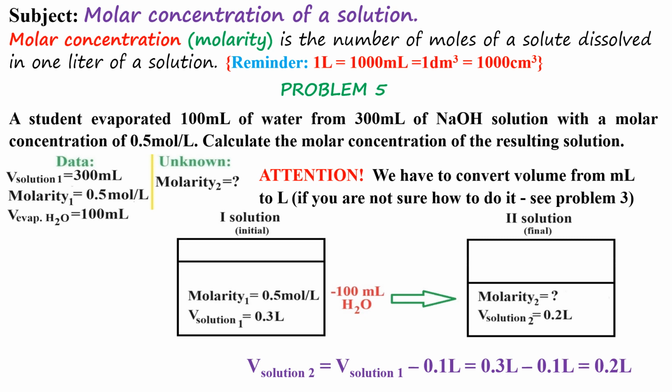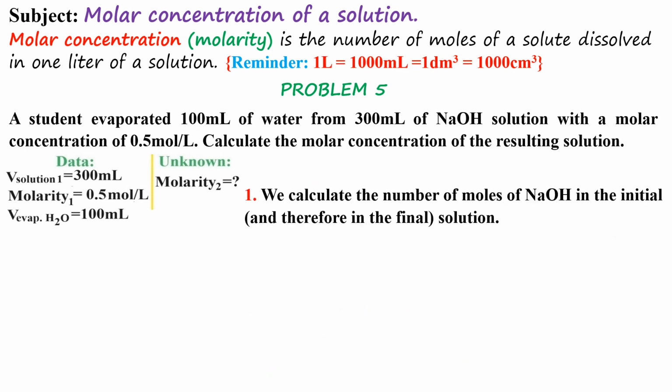Then 0.1 liter of water is evaporated from this solution and we obtain a new final solution. The volume of the final solution is equal to the volume of the initial solution minus 0.1 liter, so minus the volume of evaporated water. In this problem, we need to calculate molarity of the final solution.